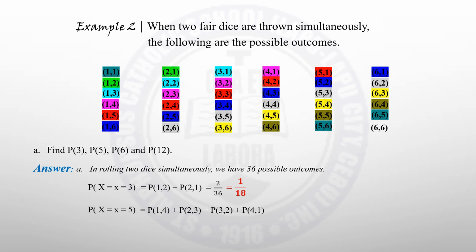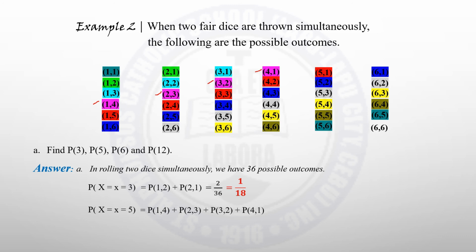We have these possible outcomes because when we add 1 and 4, the answer is 5. When we add 2 and 3, the answer is 5. When we add 3 and 2, the answer is 5. And when we add 4 and 1, the answer is 5.